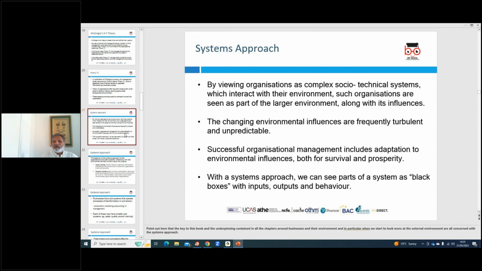There are the units inside organizations affecting, for example, the materials and the processing, the output, the management, the responsibilities, and external factors, all this kind of systems approach. So the social scientists looked at the organization as part of a system and put them into different boxes like inputs, outputs, process and behavior.